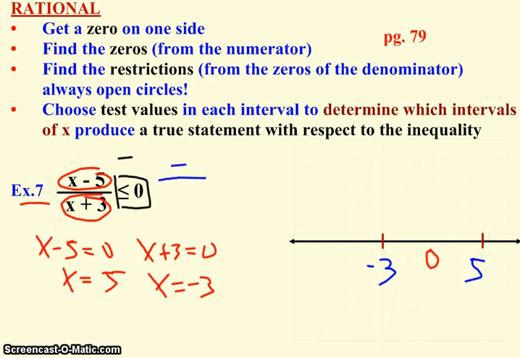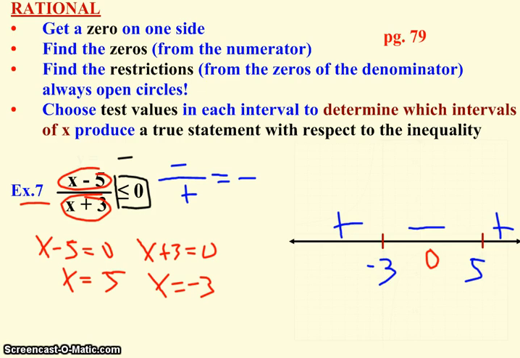And 0 plus 3 is 3, so that's positive. Negative divided by positive is negative, which means everything in this area produces a negative, which satisfies the inequality. I can tell you right away, plus, minus, alternating, I don't need to bother checking the other areas. What that means as far as solutions go is that the area between negative 3 and 5, all those values will satisfy the inequality. Now, the inequality also has to match the symbol.